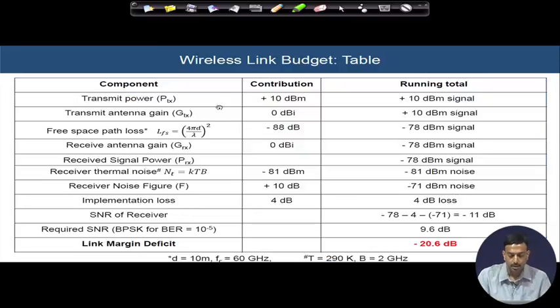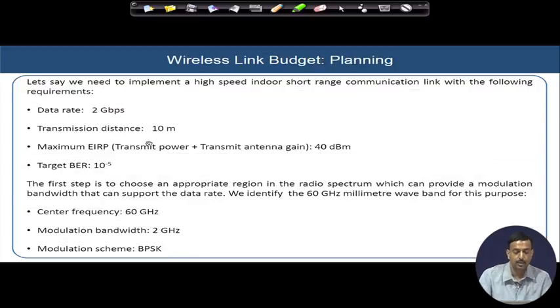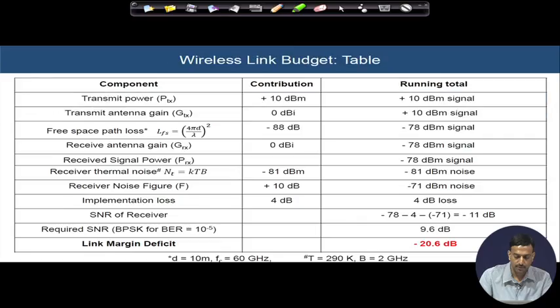So let us take a look at this link budget table, which corresponds to this particular scenario. Now actually the maximum EIRP, which is the addition of transmit power and antenna gain, is mandated to be up to 40 dBm. But for the sake of implementation, we will limit the transmit power itself to only 10 dBm.